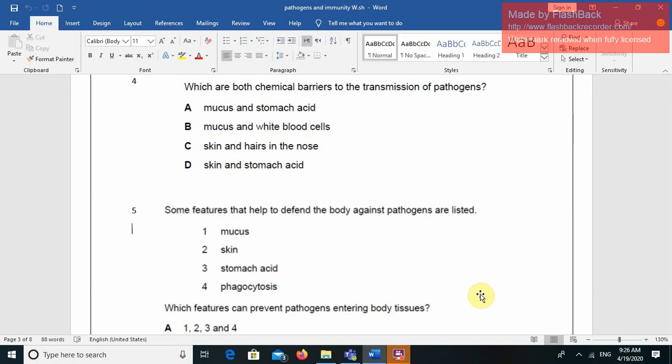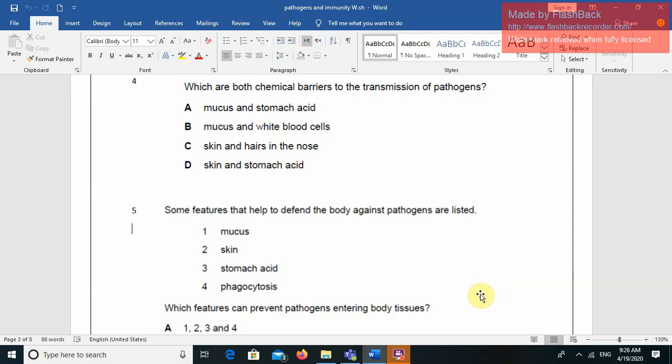Mucus, yes. White blood cells, okay, white blood cells contain chemical enzymes to digest, and the antibodies are chemicals that may contain toxins or some enzymes to digest. But the main barriers that are always available to defend are mucus and stomach acid, because white blood cells need time in order to recognize and to make antibodies by lymphocytes and to alert phagocytes.